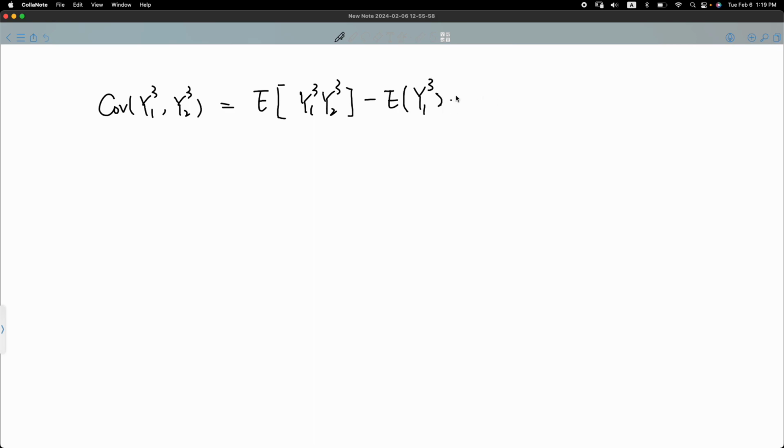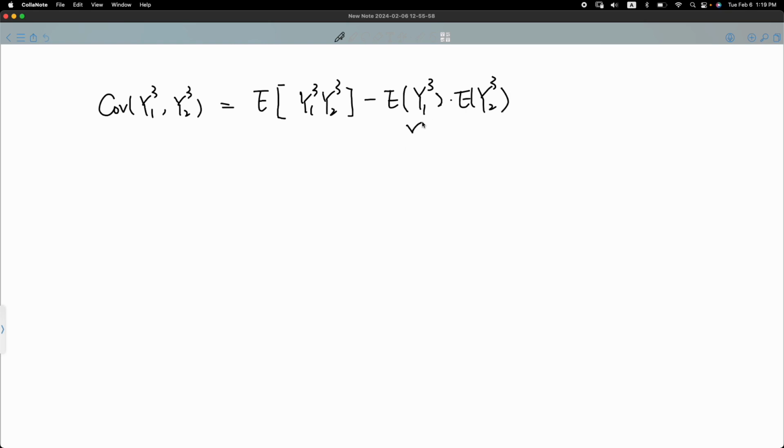Okay, then we are interested in the covariance as well, of y1 cube and y2 cube. I'm going to use the definition for the covariance: the expectation of y1 cube times y2 cube, minus the expectation of y1 multiplied by the expectation of y2.